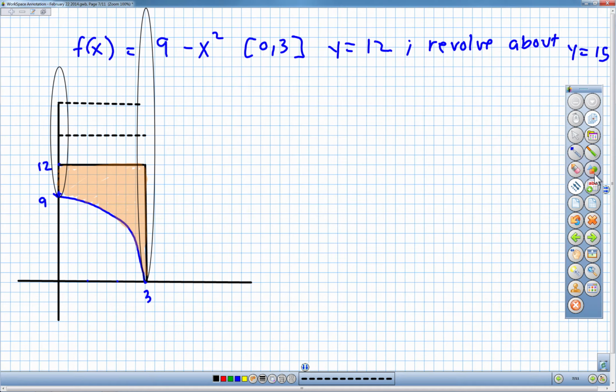Our shape is going to have a big hole right through the middle of it, but our region this time is just a little weirder.